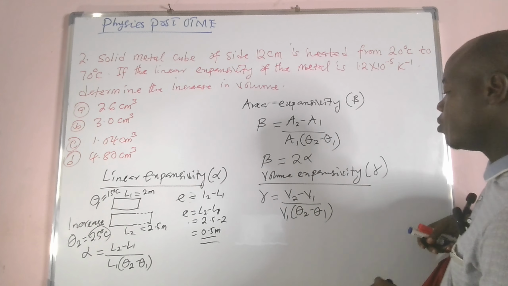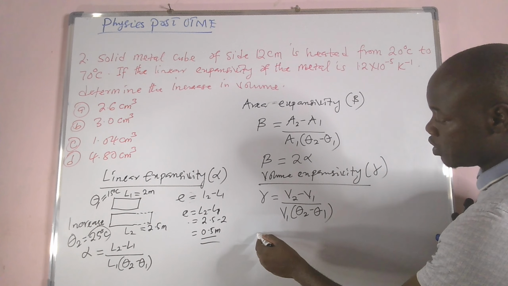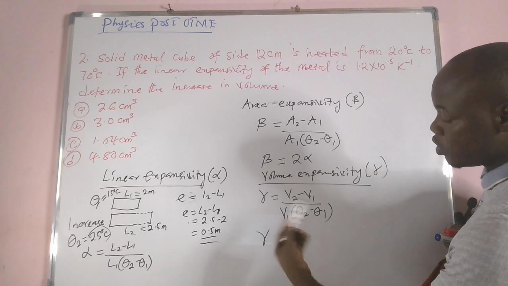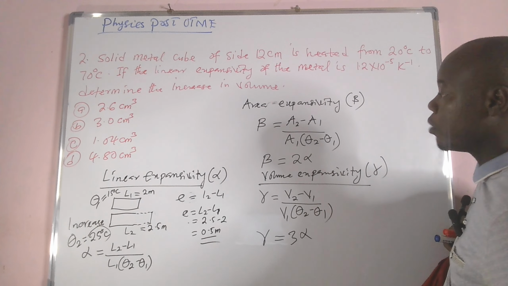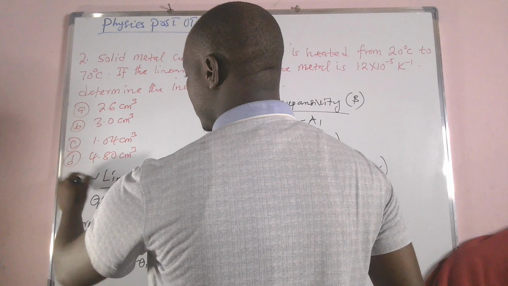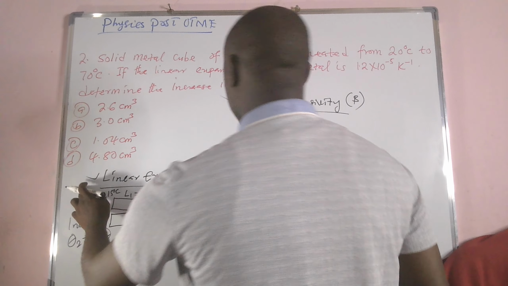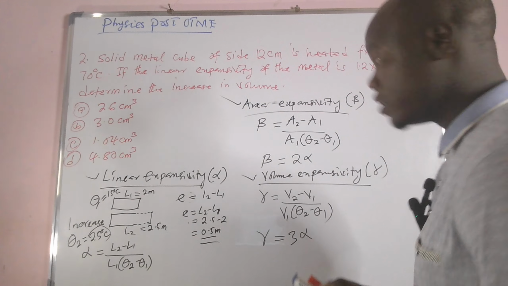You can also call it cubic expansivity, and cubic expansivity is 3 times alpha. These are very important in thermal expansion, where we have linear expansivity, area expansivity, and volume expansivity.